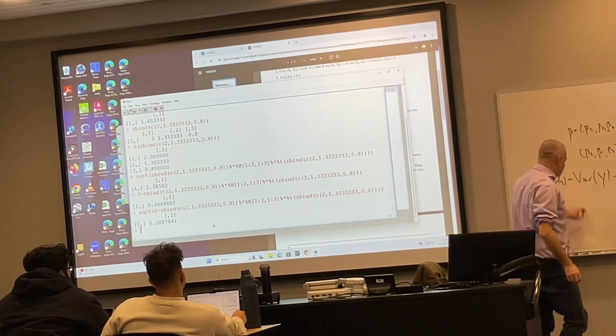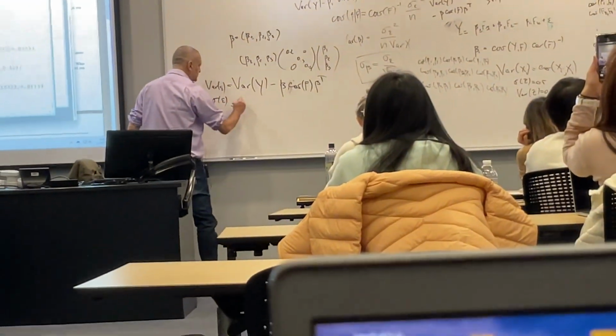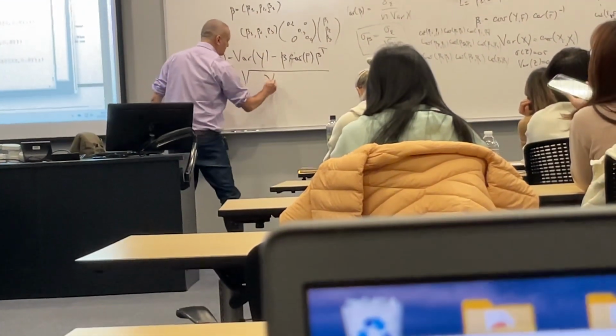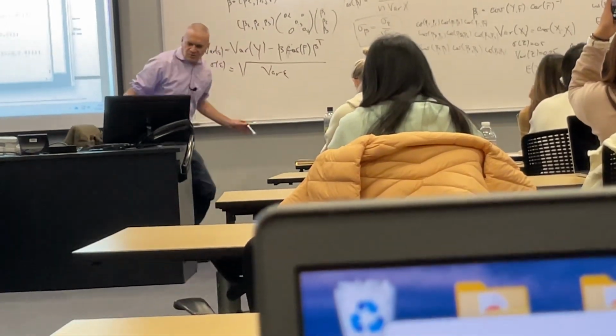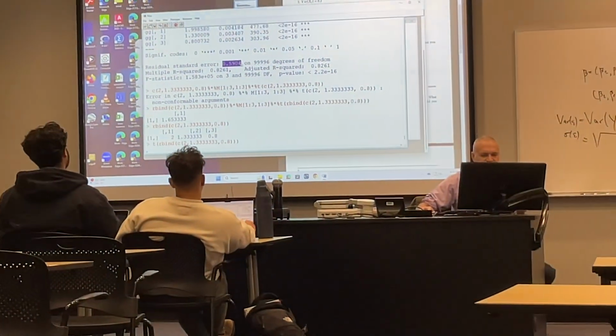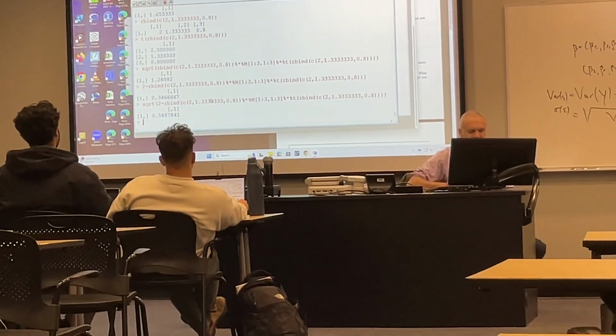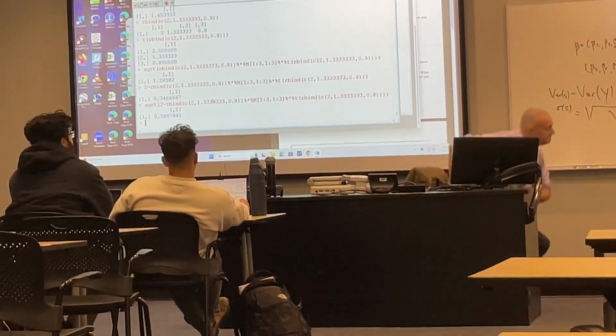So it's exactly this formula, and if you want to find the sigma epsilon, you need to take the square root of the variance of epsilon. Compare this to the theoretical result of R, pretty close. Is this clear?